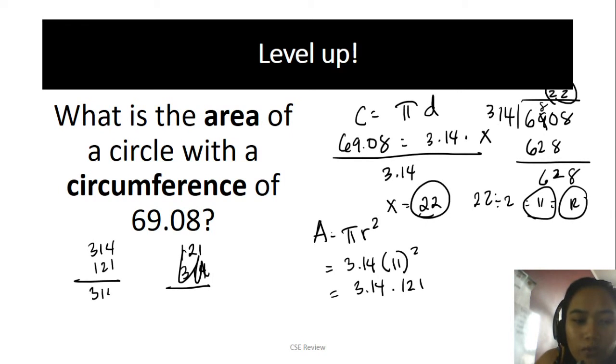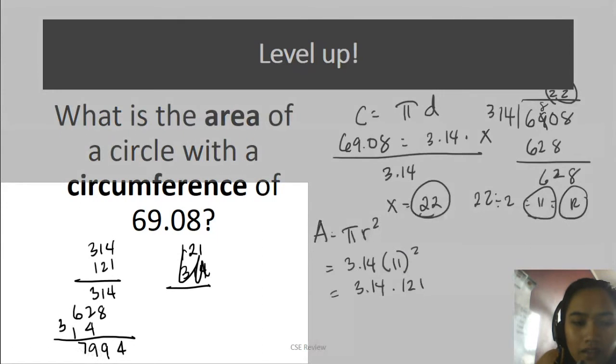So you have 314 first for the 1. Then you have 314 times 2, which is 628. So 8, 2, 6. Okay. And then you have another 314 here. So that's going to be 4, 1, 3. And then you add all of those. You have 4, 9. You have 5, 9, 7, and then 3.